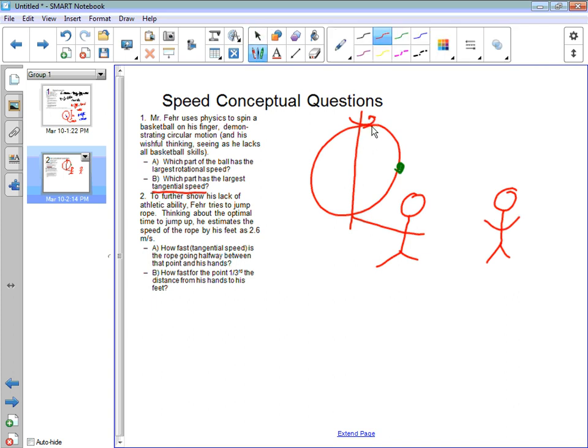Okay, so there's the jump rope in green, and we're talking about the farthest point away as 2.6 meters per second. If we're talking about halfway up, what's going to be different?